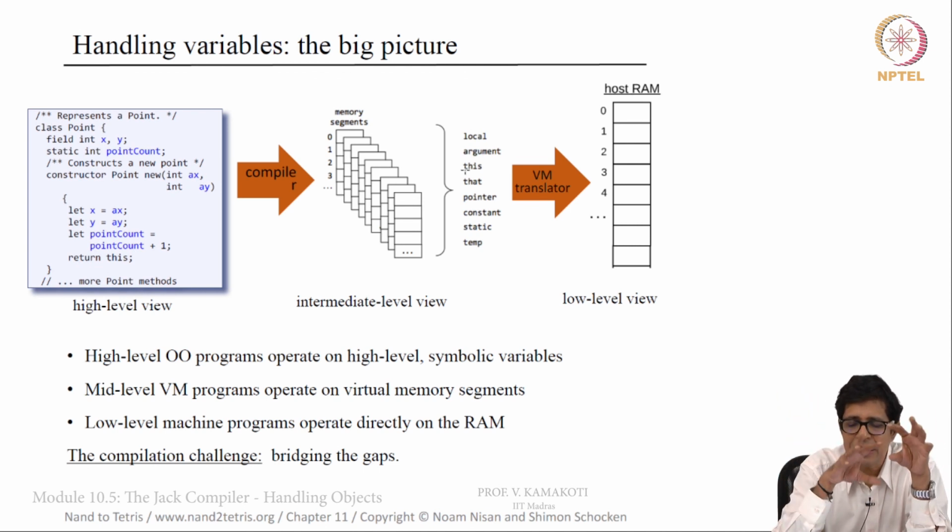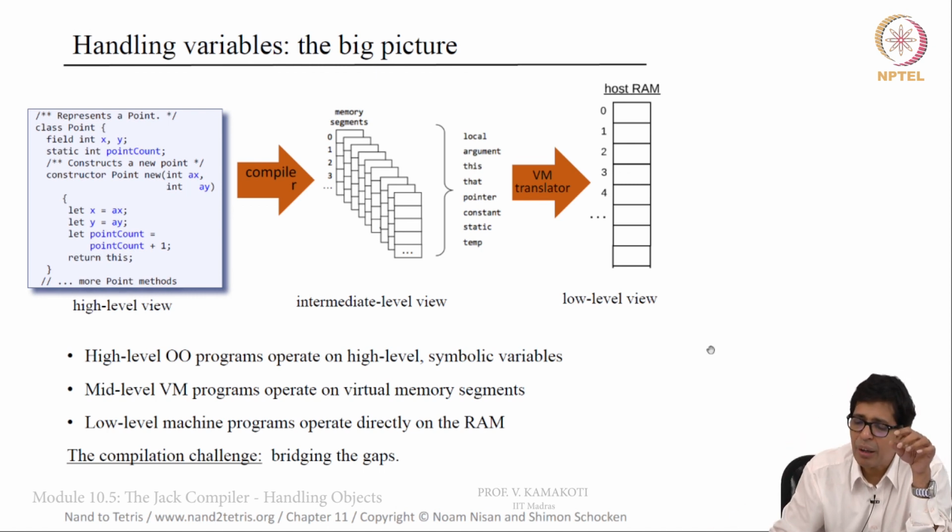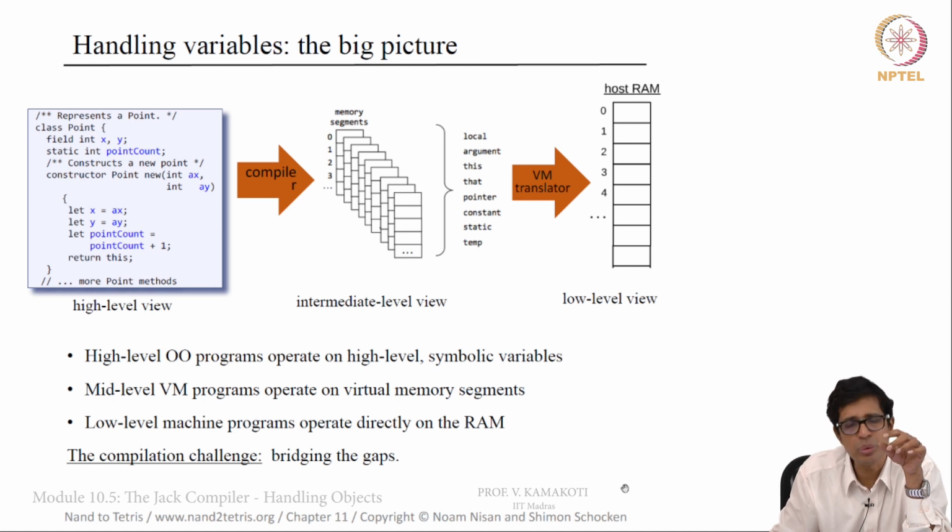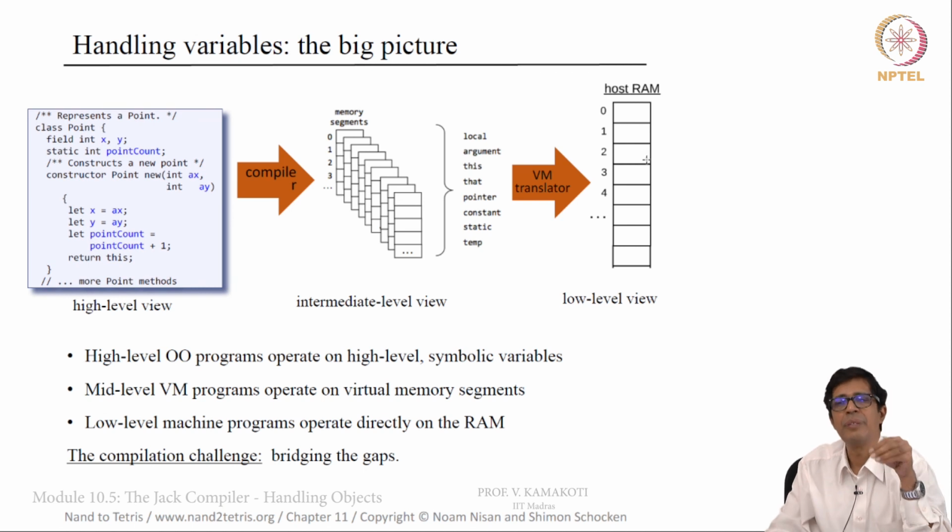So, these are all different memory segments, and these memory segments are mapped. Finally, on the machine there will be one linear memory which goes from 0 to 2 power 16 minus 1, and these segments will be mapped onto different parts of this memory. And of course, the start of these segments will be stored in the first few locations of the memory, which will have the start of the current local, current argument, current this, current that, etc. on the host RAM.